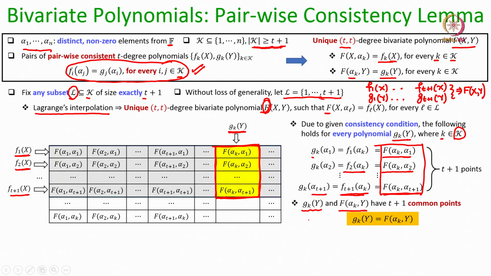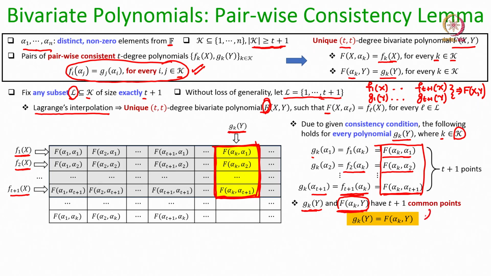So, we have two different univariate polynomials here, the g k y univariate polynomial which is given to us and the kth column polynomial, also in Y, whose degree is also t, and there are t plus 1 points, namely the highlighted points here, which lie on the kth column polynomial of the bivariate as well as on the g k y polynomial.